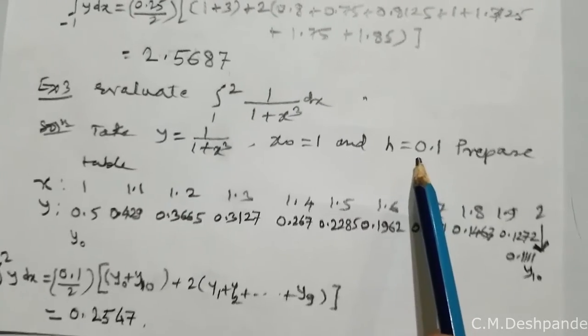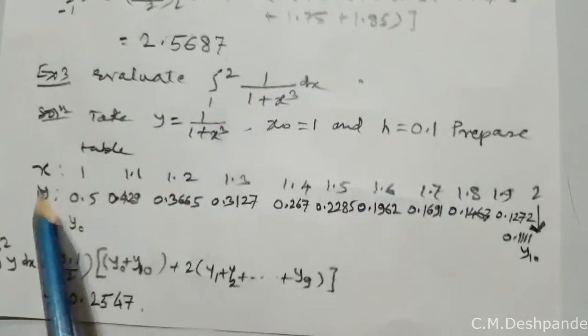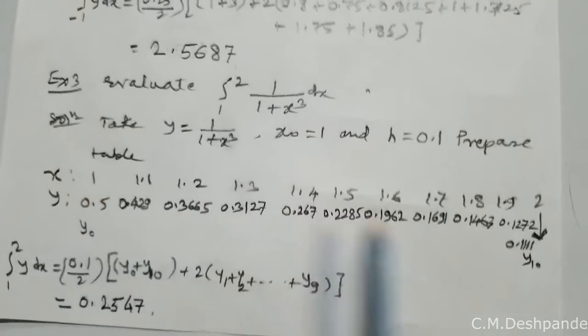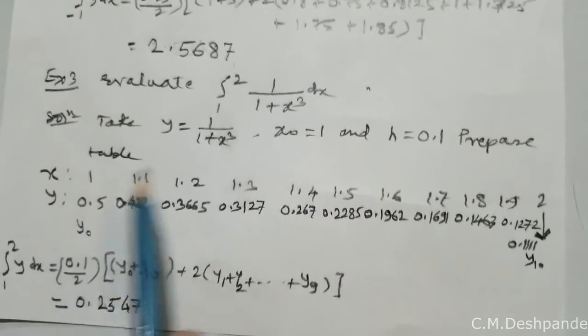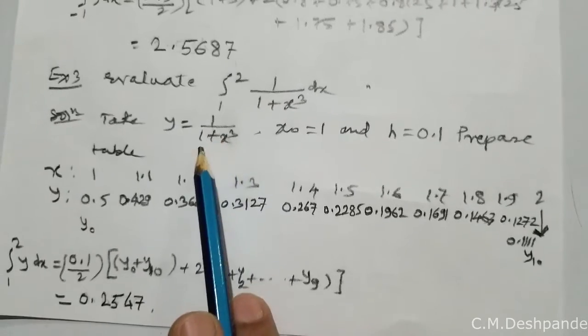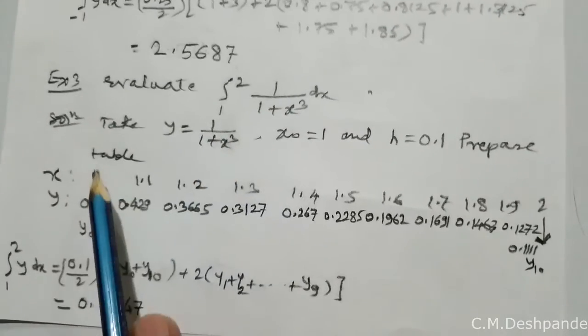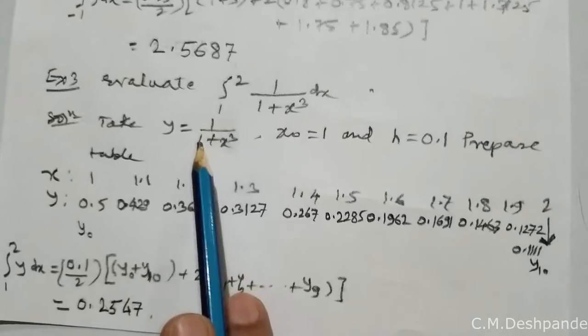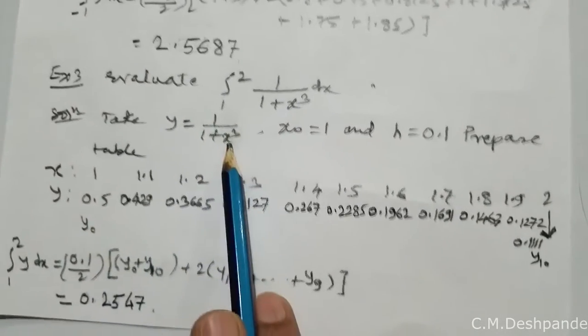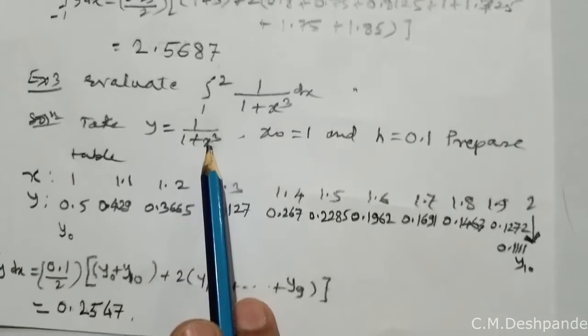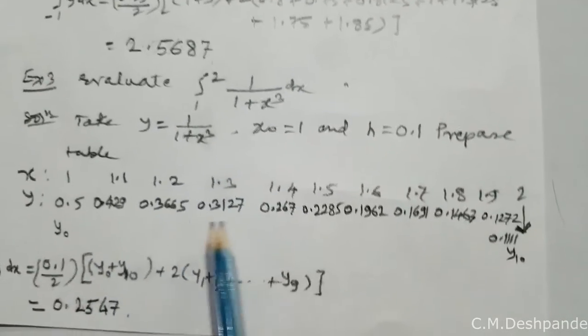Then prepare one data table. Values of x are from 1 up to 2 and corresponding values of y are calculated from this function 1 upon 1 plus x cube. Replace x by 1, use 1 upon 1 plus 1, that is 1 by 2 equal to 0.5. Replace x by 1.1 and calculate the corresponding values of y.